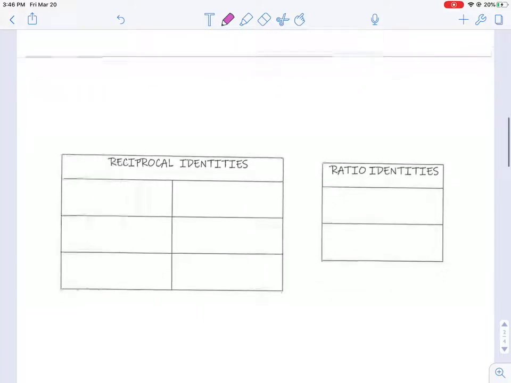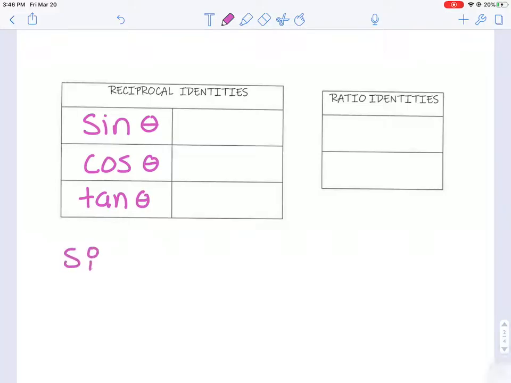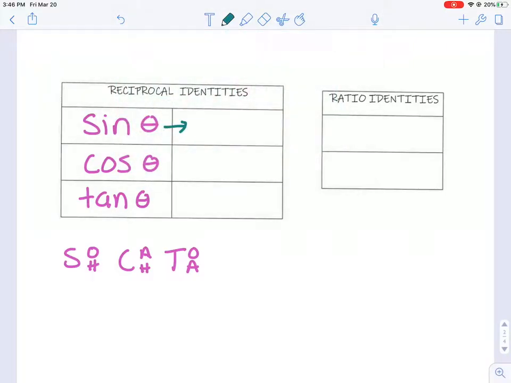So I just want to help us organize these a little bit. We know sine, cosine, and tangent. If we write out SOHCAHTOA, these help me know the ratios for sine, cosine, and tangent. So if you know those, the only thing that you need to be able to do, and how I like to remember this, is that you're always going to put an S function with a C function.